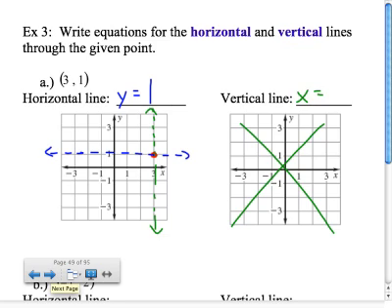And when I look at the green line going up and down, the x coordinate at every single point is 3. So when it asks you to write the equation for horizontal and vertical lines, you literally just write down x equals 3 and y equals 1. Those are the two lines that pass through that given point.